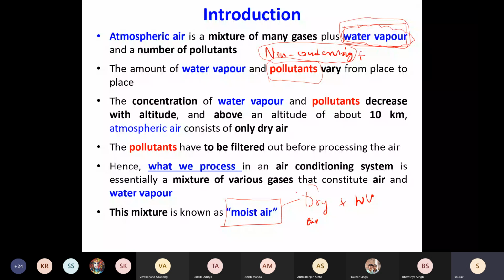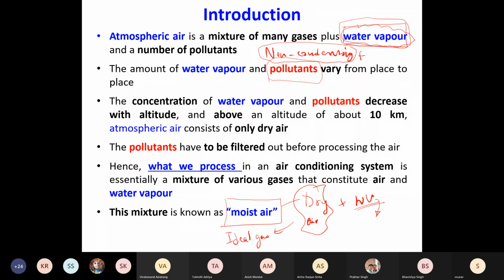And your dry air is treated as an ideal gas. In fact, water vapor can also be treated as an ideal gas, only for the vapor part, of course. But when it starts to go to higher temperatures, I don't know if you remember the pure fluids discussion that many faculties would have done in thermodynamics courses, where you can treat the superheated vapor as ideal vapor and where you cannot.